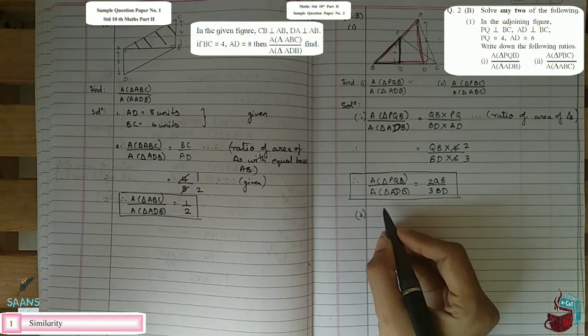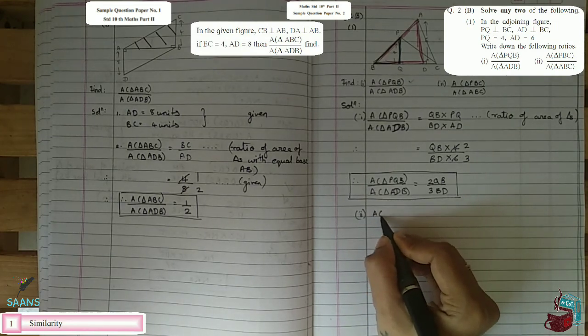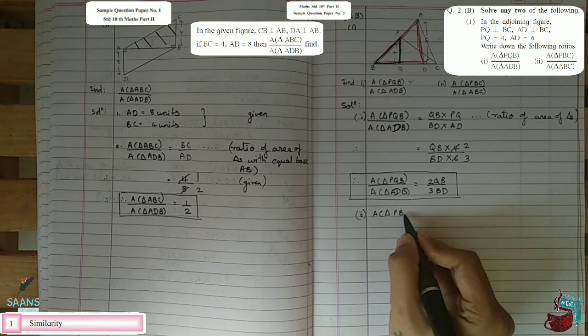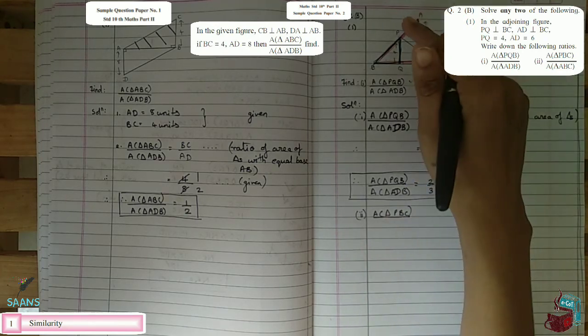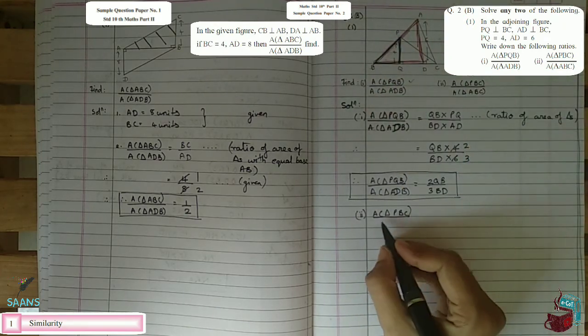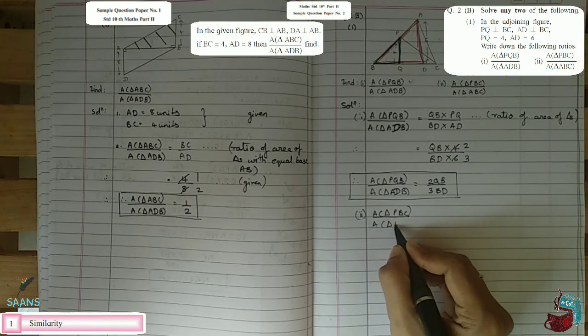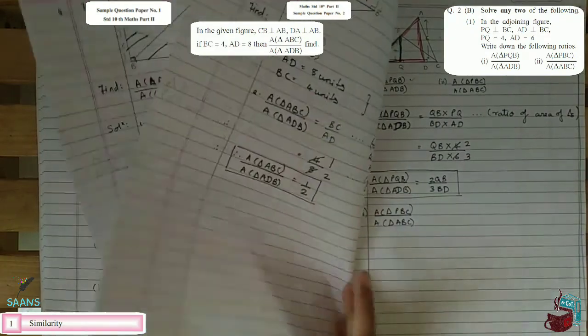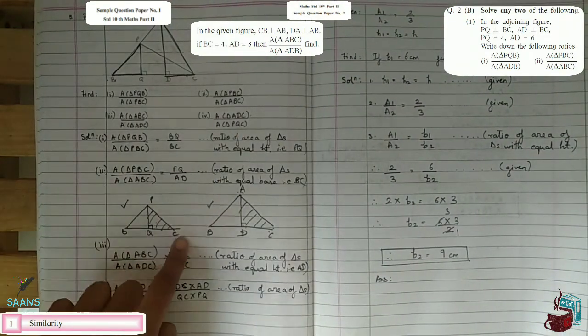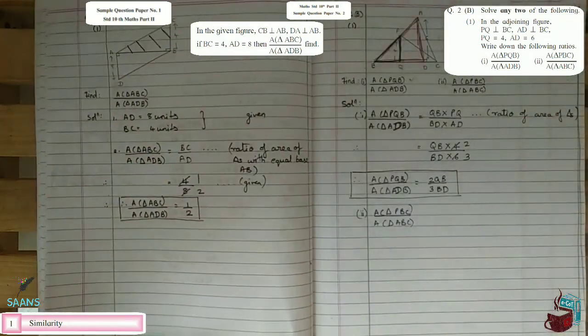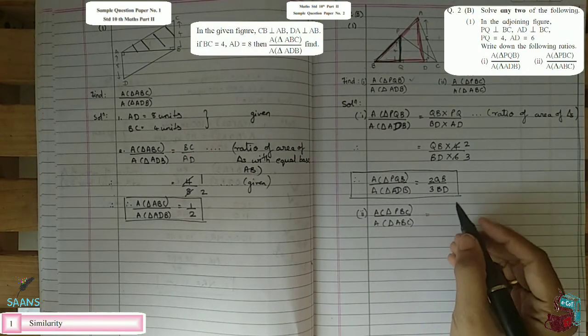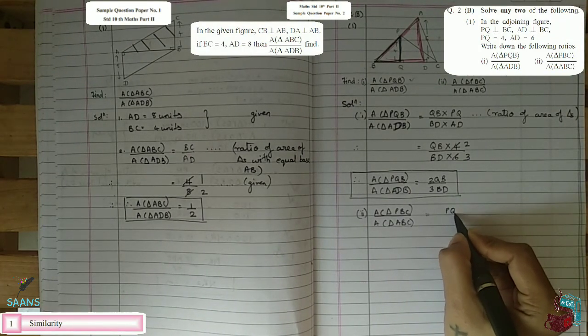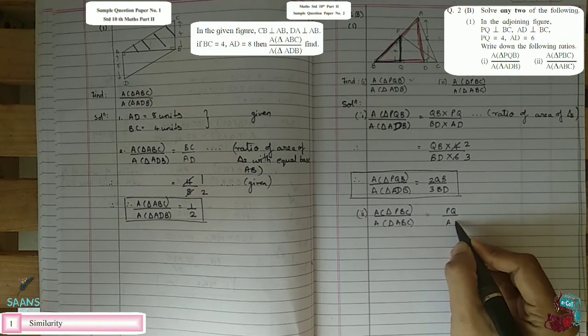Next one, area of triangle PBC upon area of triangle ABC. Not two separate triangles, I have already shown you over here, same figure it is, PBC, ABC. Now BC base is common, so it will be PQ upon AD.